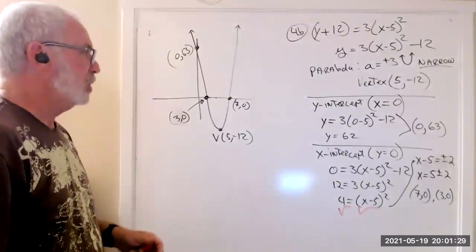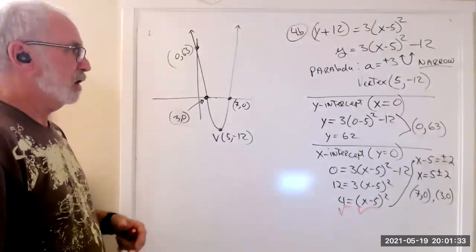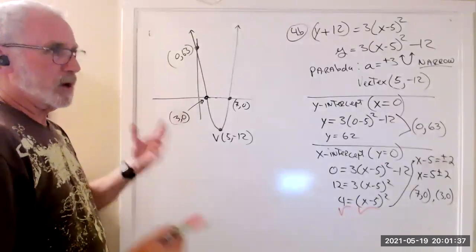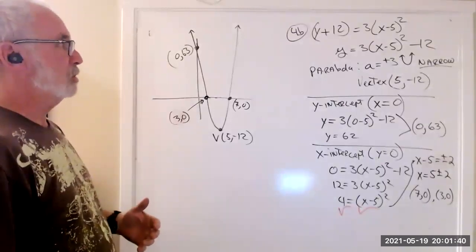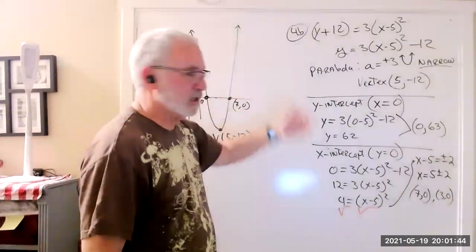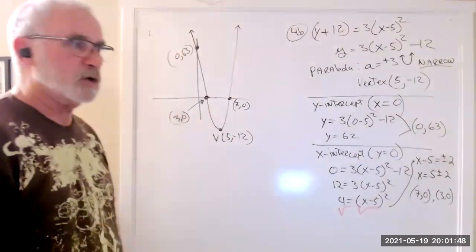But that's 90% of this problem. Parabolas have a lot of work: finding the vertex, finding the X-intercepts, finding the Y-intercepts. Therefore, there are a lot of points put into a parabola.